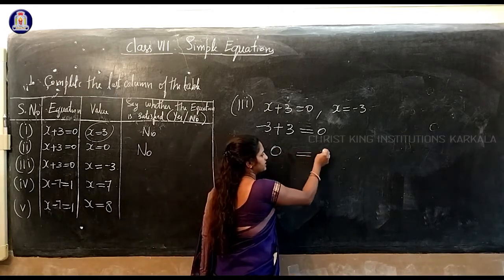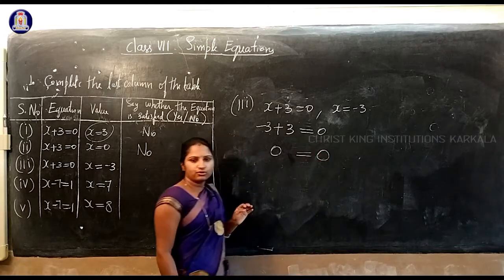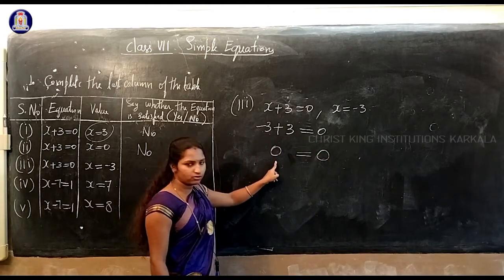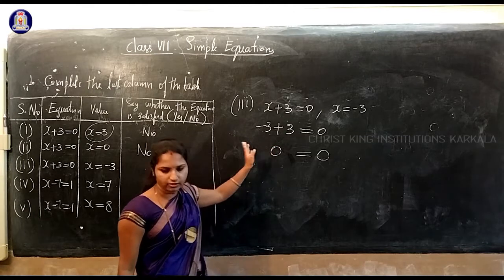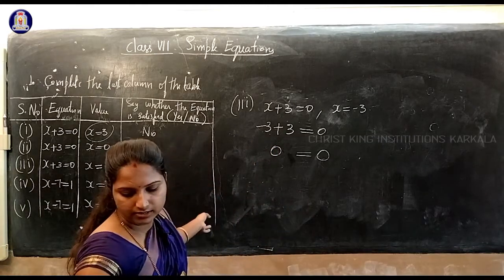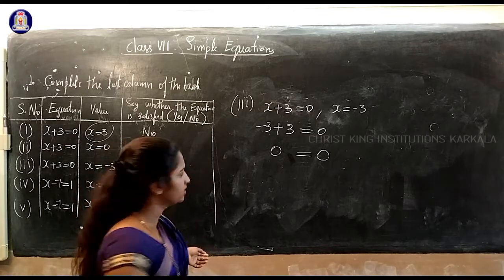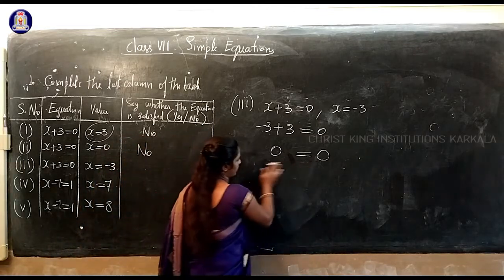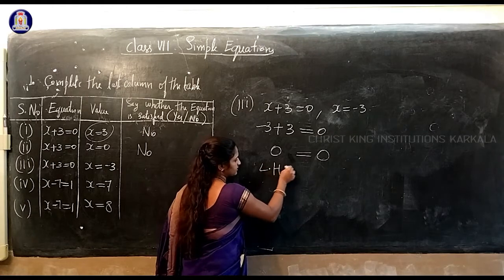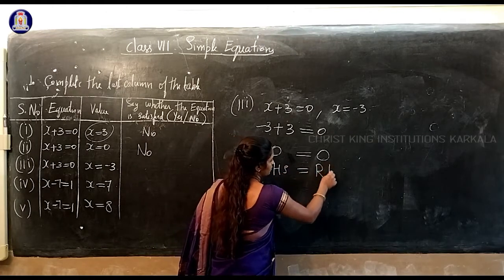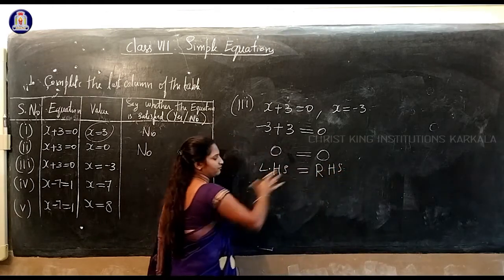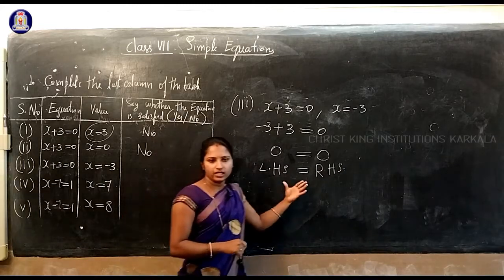What is the value on the right hand side? That is also 0. For 0 we will not write any sign. Now see the LHS and RHS values. Here LHS is 0 and RHS is also 0. So both the left hand side and right hand side are equal, correct?